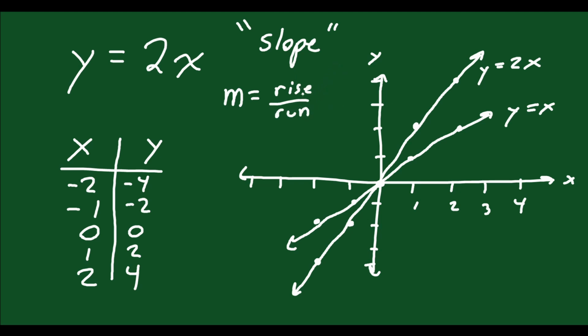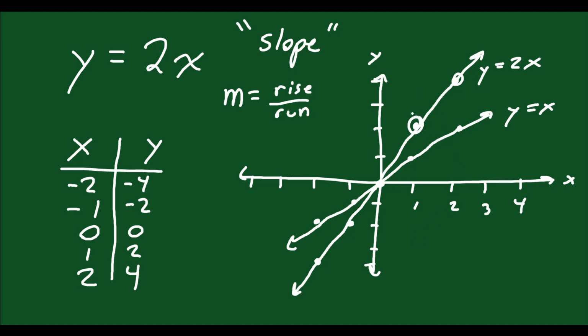Well, rise is just from any point to another point, the height difference between those two, and the run is the length between those two horizontally. So rise over run is like how much are you going up for every amount that you're going over, right?